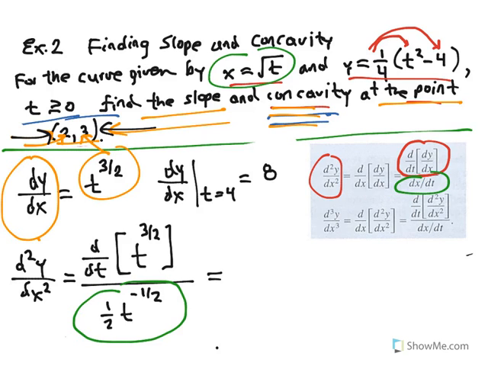And to do that, we will use the power rule, bringing the exponent to the front, we have 3/2 t, and then we need to subtract 1 from the exponent of 3/2, and that would give us 1/2.